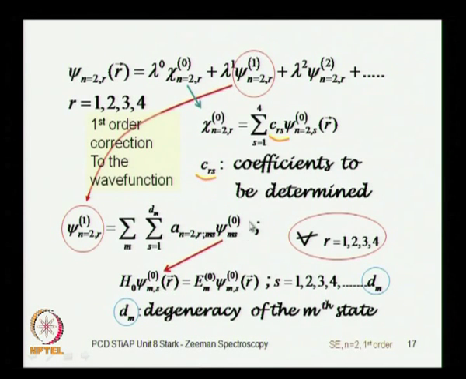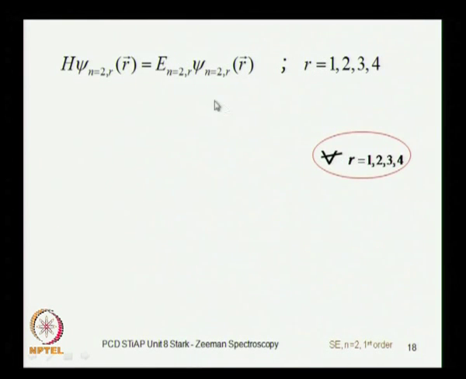This is of course the unperturbed eigenstate corresponding to the mth state, but this depends on to what extent the level Em is degenerate, and this will again go as 1 over n square for n equal to m. So that is the degeneracy of the mth state.